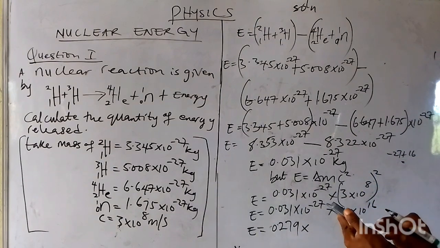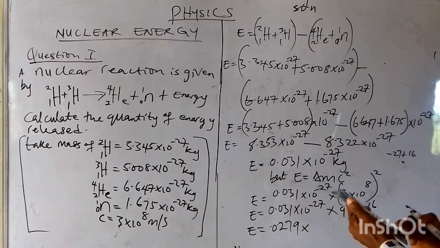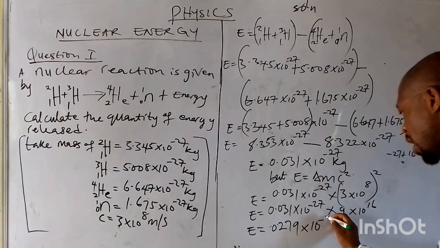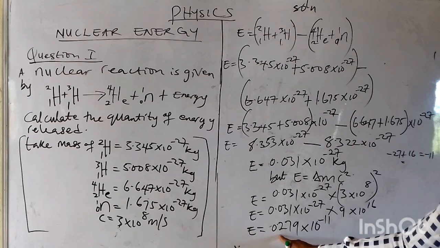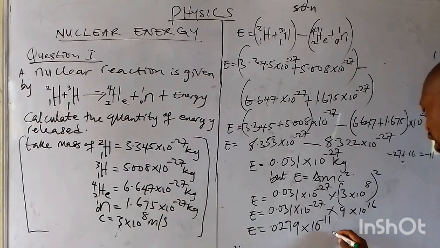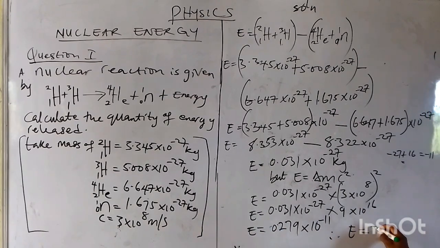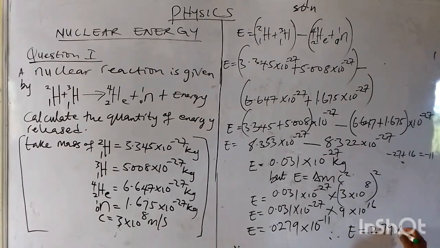It will give us minus 11. Therefore, times 10 raised to the power minus 11. This is not in standard form, so we'll put it in standard form. Therefore, E is 2.79 times 10 raised to the power minus 12 joules. And this is the final answer.